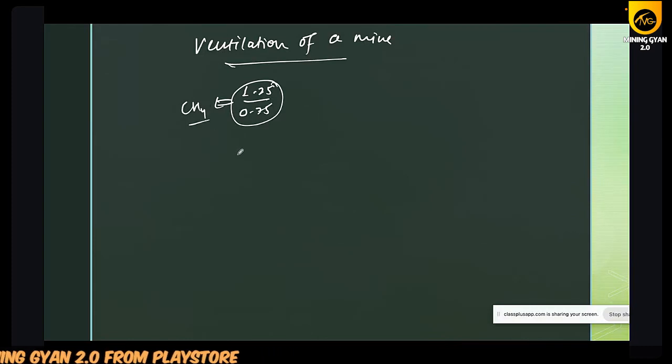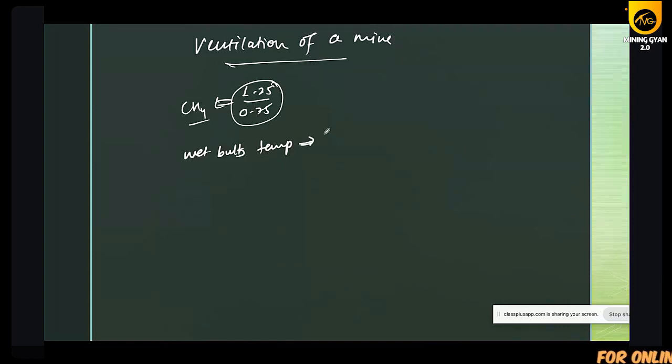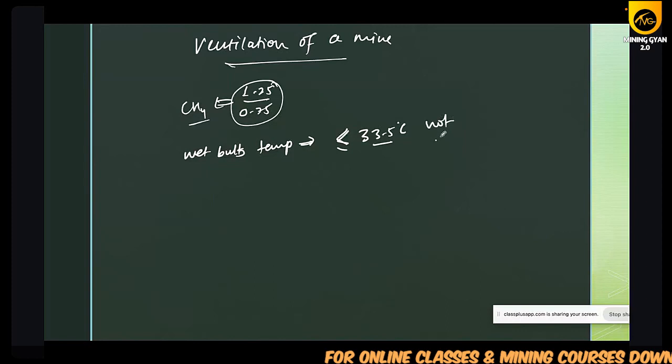And the wet bulb temperature in the development phase should not exceed 33.5 degrees Celsius, not exceed.